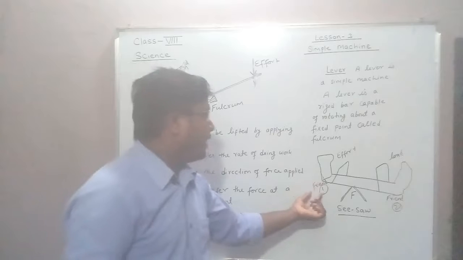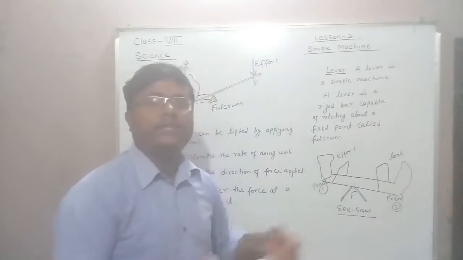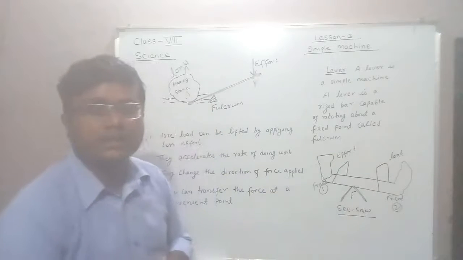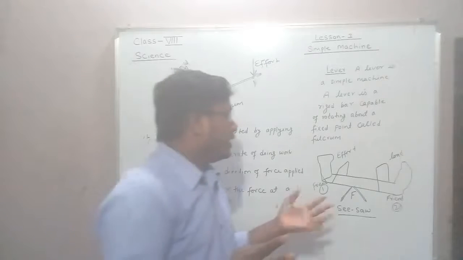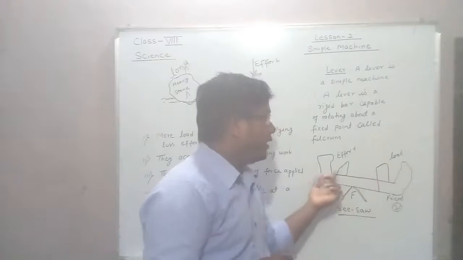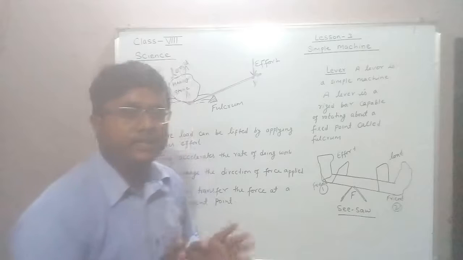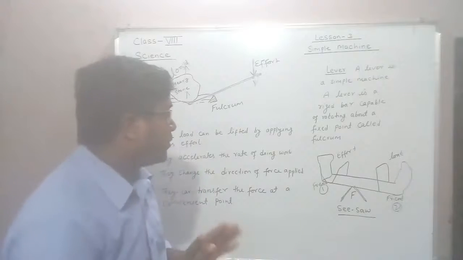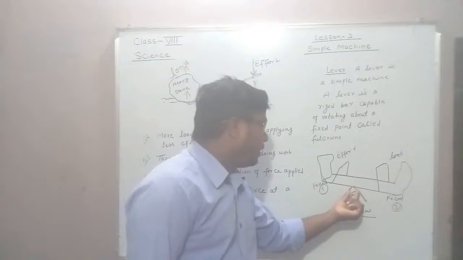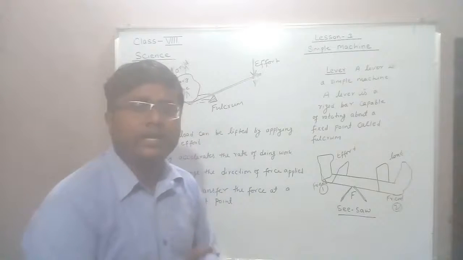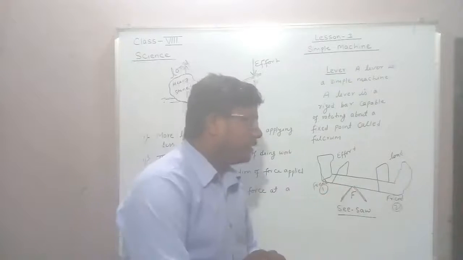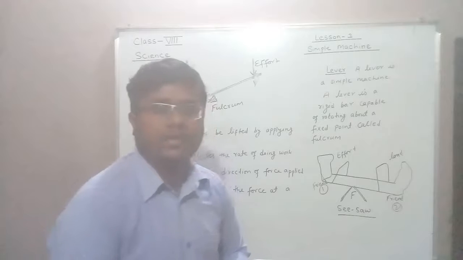If you take friend 1 as the effort, then you take the second friend as the load. That is just a supposition; you can take either as effort or load. In the middle there is the support, and that support is your fulcrum.